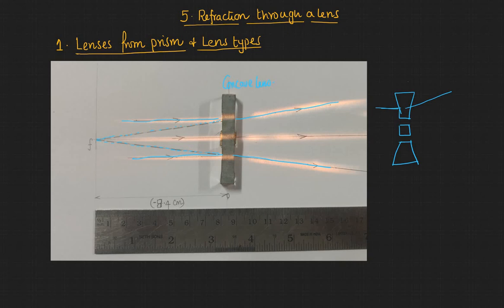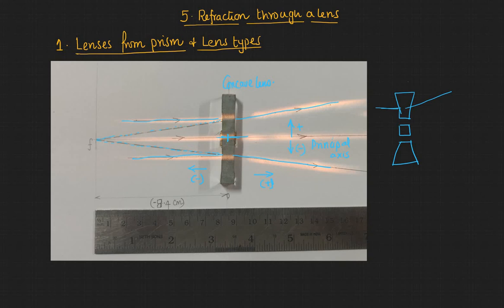Now the center point is, we follow the coordinate system convention. Anything on the left is negative, and anything on the right is positive, right? In the same way, anything above the center line, which we call the principal axis, is positive and anything below is negative.